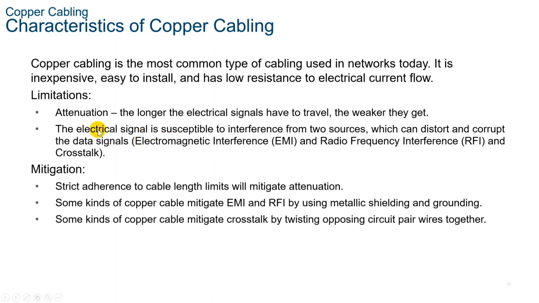The third one is, of course, crosstalk. EMI and RFI signals can distort and corrupt the data being carried by copper media. Potential sources of EMI and RFI include radio waves and electromagnetic devices, such as fluorescent lights or electrical motors.